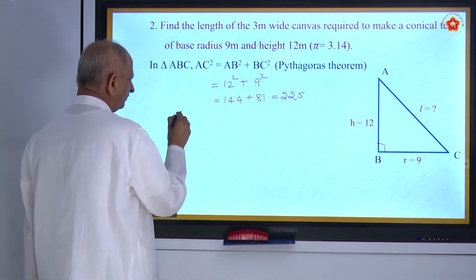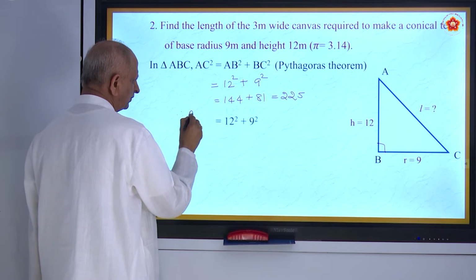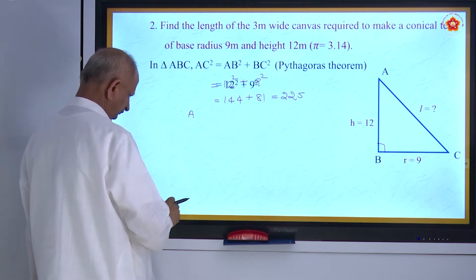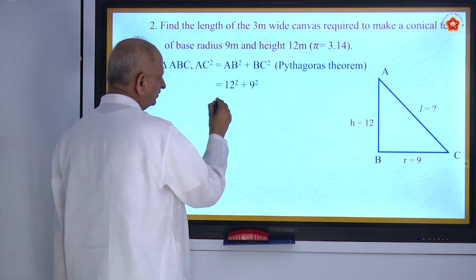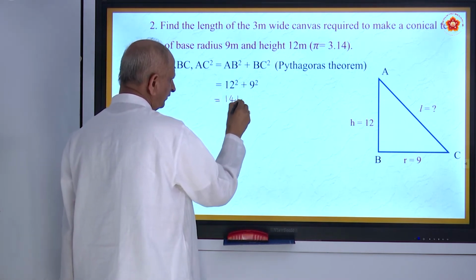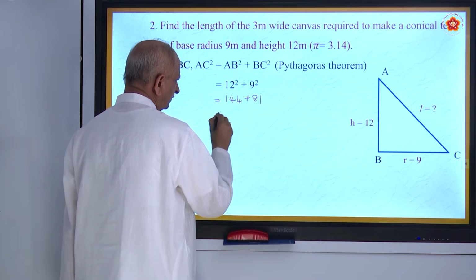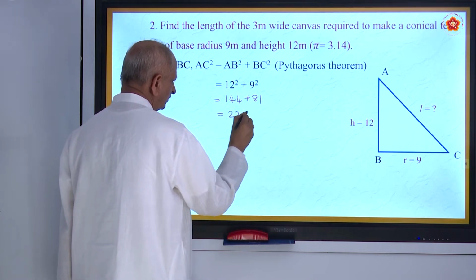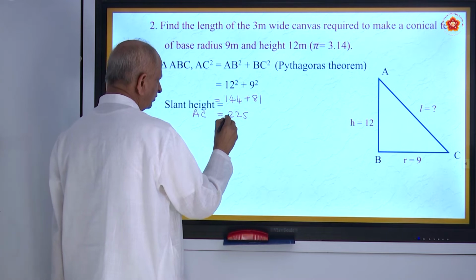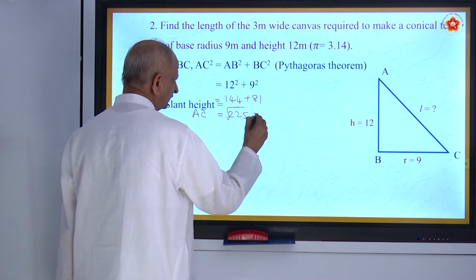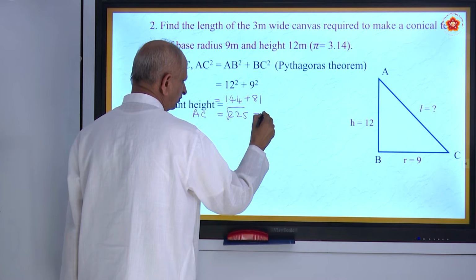So AC becomes root of 225, that is equal to 15.